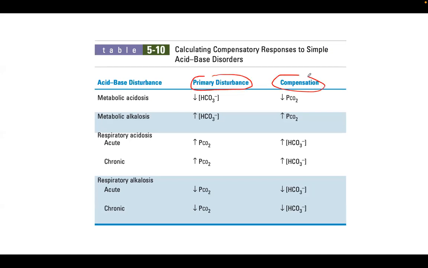So just remember the rule of thumb in classic acid-base disorders, okay? Whatever the primary acid-base disturbance is, if it is metabolic, the compensation is respiratory. If the primary acid-base disturbance is respiratory, then the compensation would be metabolic, okay? So I want to end with that pearl, okay? Are there any questions?